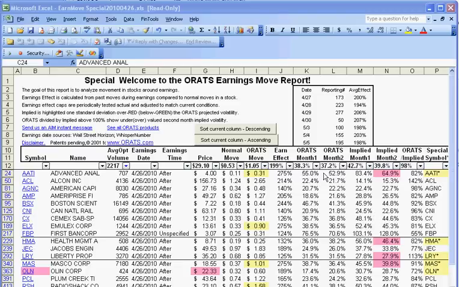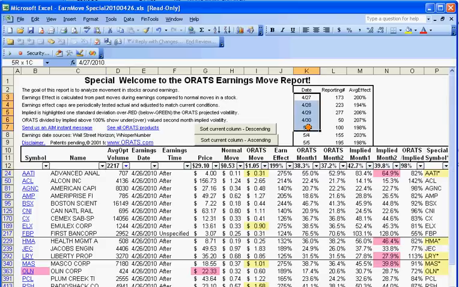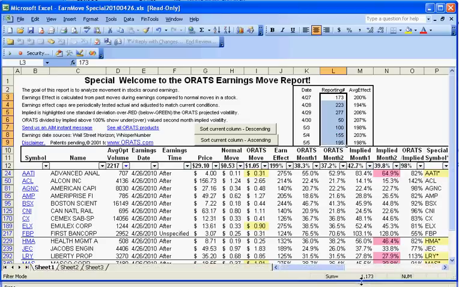First of all, when we open up the Earn Move Report, we'll notice that we're showing the number of companies reporting on certain dates, and we'll see that 1,100 are reporting over the next 7 business days. It's about a third of all the stocks out there.